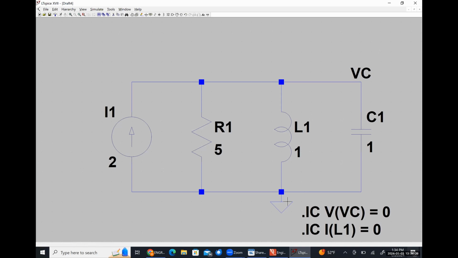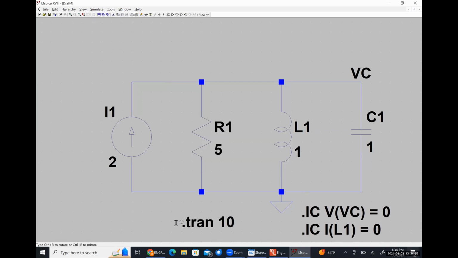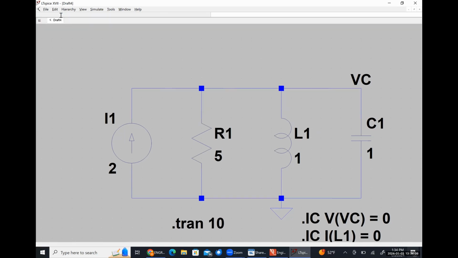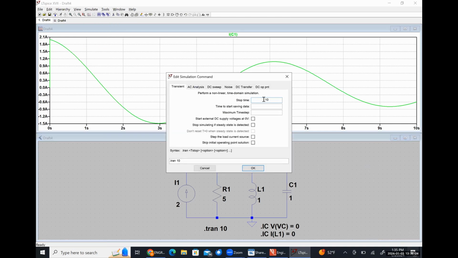Let's see, alpha is 1/10 of a second. So let's look at this for like 10 seconds-ish, see if this is enough to make things settle. We're looking for our capacitor current. It doesn't look like it's settled yet, so let's change the simulation command to 50.